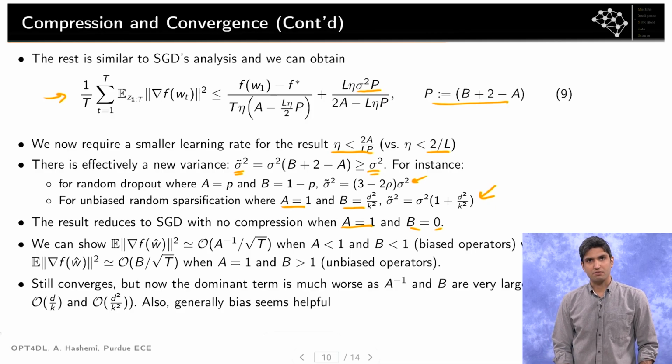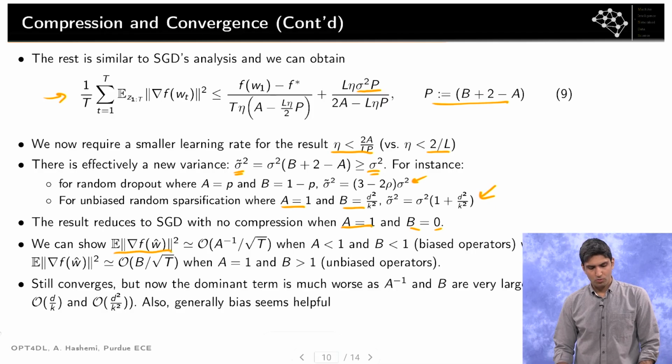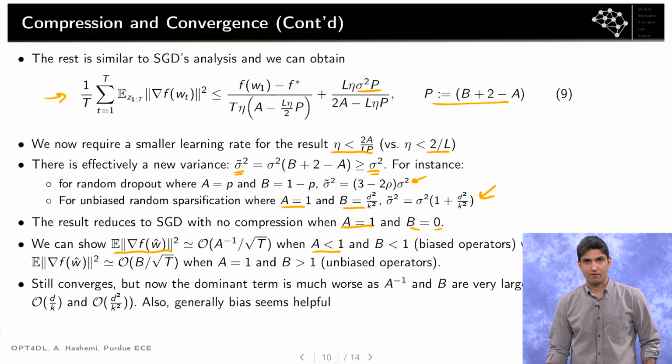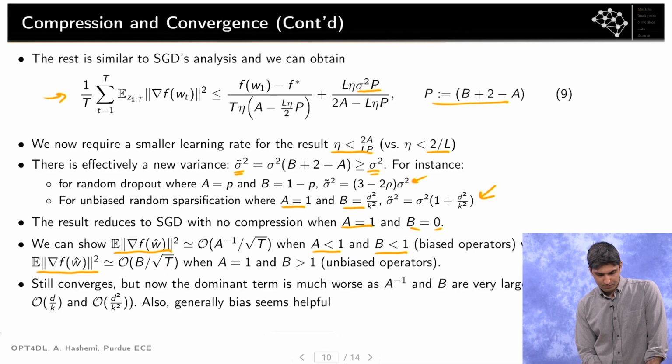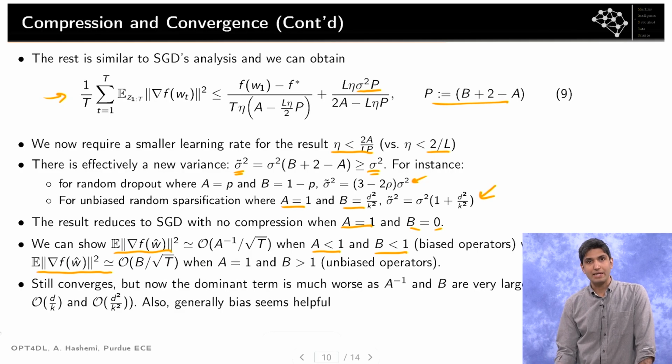After certain simple manipulations and approximations, we can basically show that the norm of the gradient squared is bounded by, let's say, A inverse divided by the square root of t, when A is strictly less than 1, which means that we are using biased compression mechanisms, and B is also strictly less than 1, while our notion of convergence, the norm of the gradient squared, is of order B divided by the square root of t, when we are using unbiased compression mechanisms, which means that for them B is strictly larger than 1.